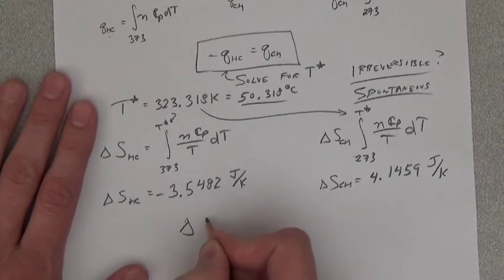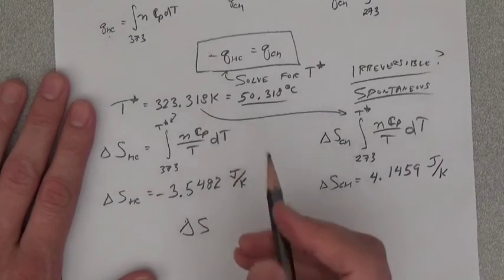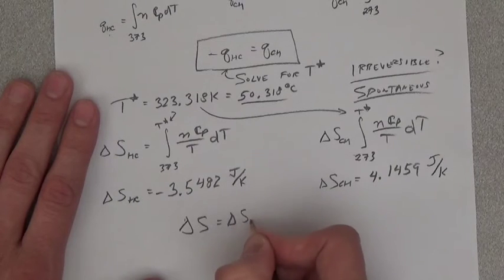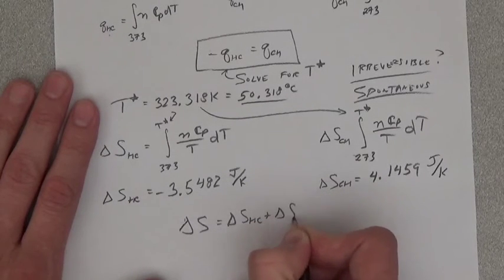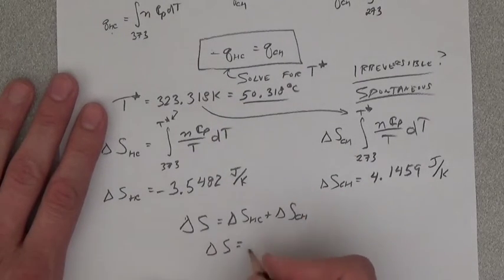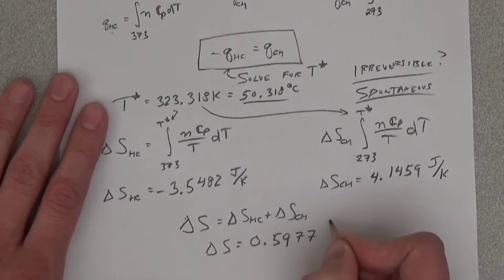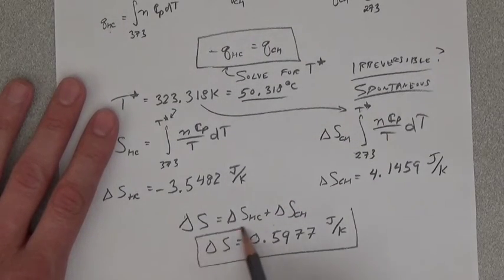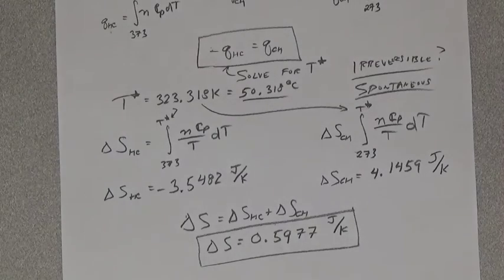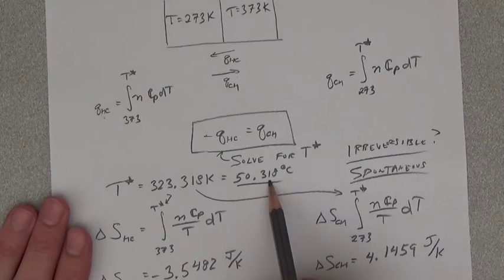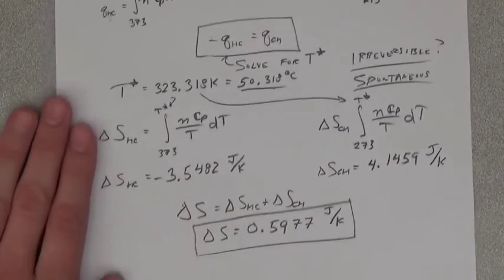So the net change in the entropy for this system is delta S HC plus delta S CH. Delta S is equal to 0.5977 joule per K. And that change in entropy is why we have an equilibrium temperature which is slightly above the average of the two.